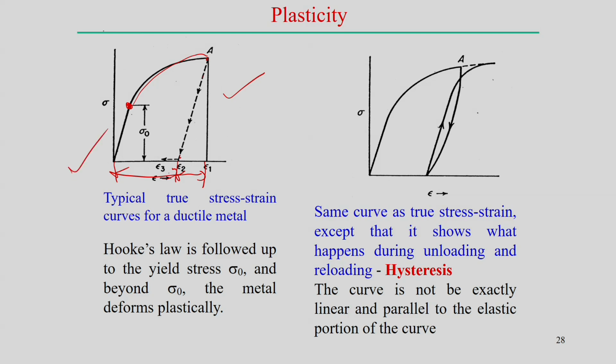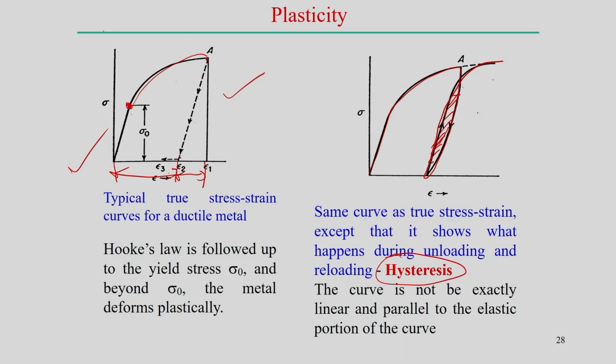Now, for example, if the stress strain curve is something like this, and we remove the load and reload it, there is some gap. That is represented in the stress strain diagram as hysteresis. This is a representation of hysteresis in a typical stress strain diagram, and of course, we have already discussed it in terms of material properties.